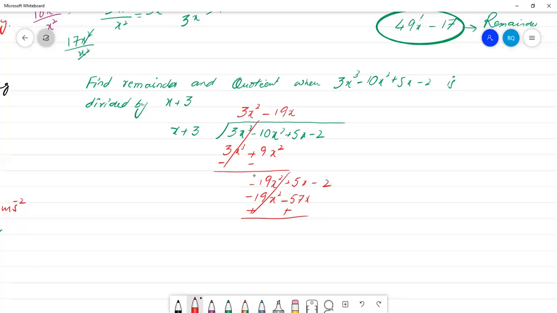I will get the 62x. 62x minus 2 plus 62, it becomes 62x plus 3 2s are 6 and 3 6 are 18. That's a minus, that's a minus. So you will get the minus 188.